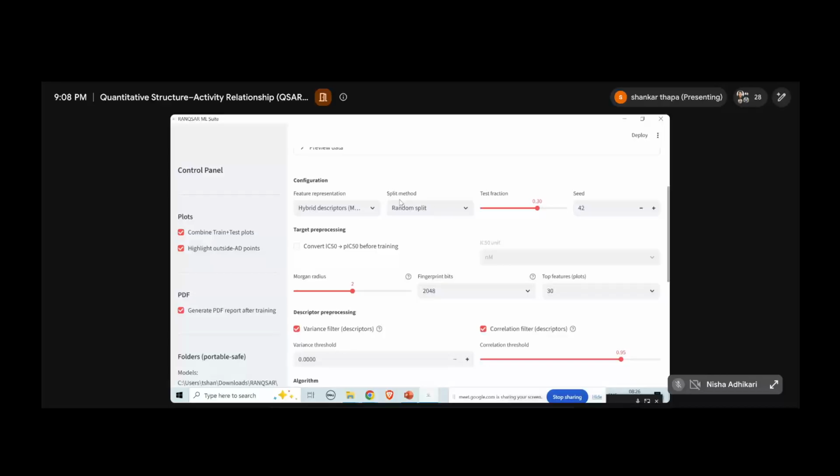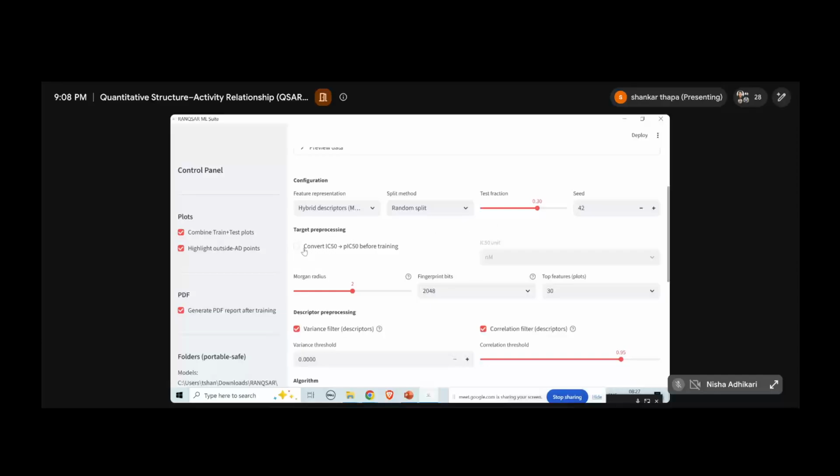So how can we split? You have options here. Either you can choose the random method, or you can choose the scaffold split method. It's up to you. But I'm choosing the random one. For test fraction, as I told, it's 70 into 30. Let it be as it is, no need to change.